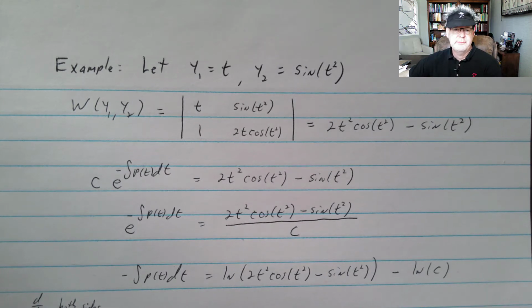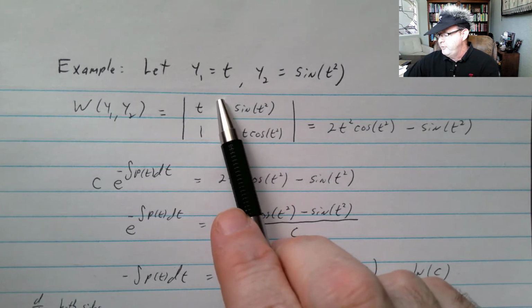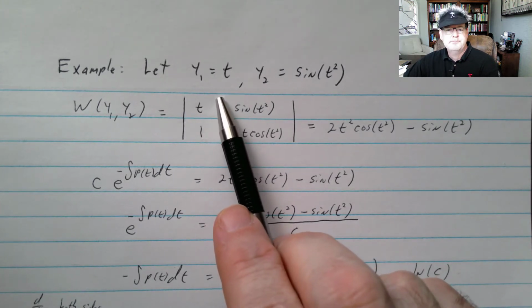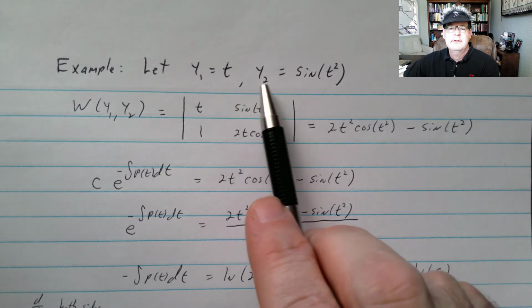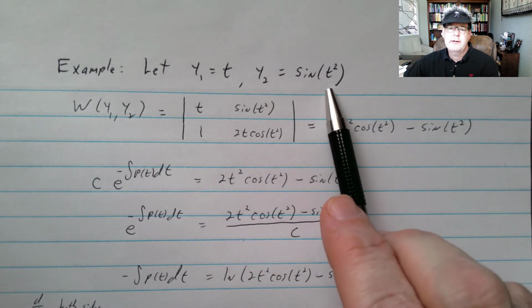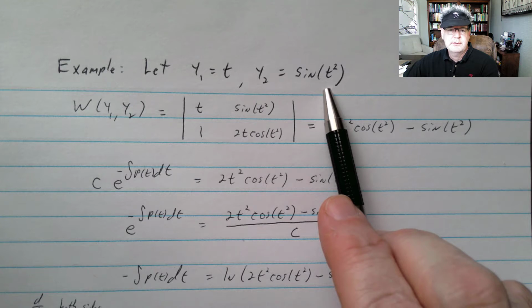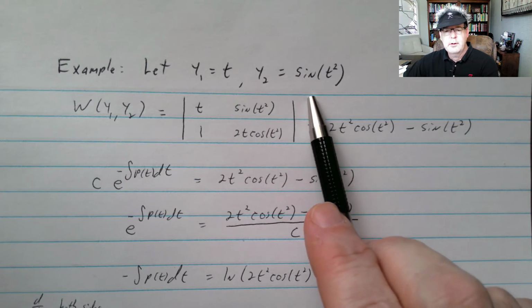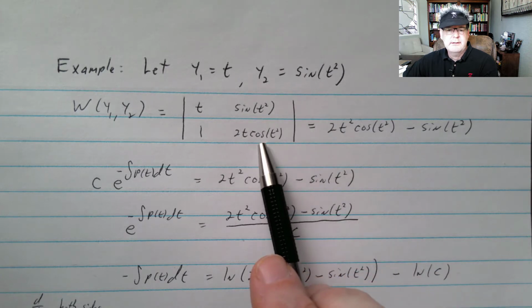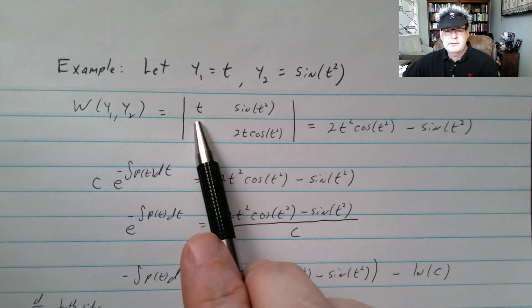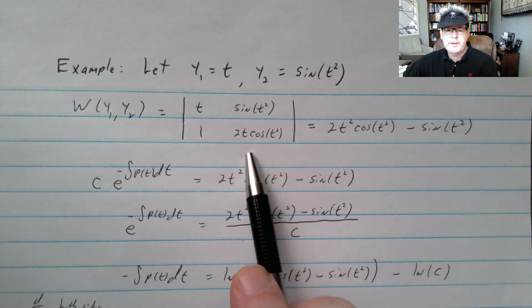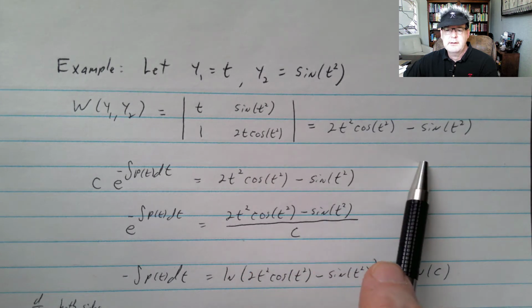So let's get down to business. Let's say I want to find a second order linear homogeneous differential equation for which t and sine of t squared are solutions. What I'm going to do is take the Wronskian, so the two functions and their derivatives, take that determinant, there we go.